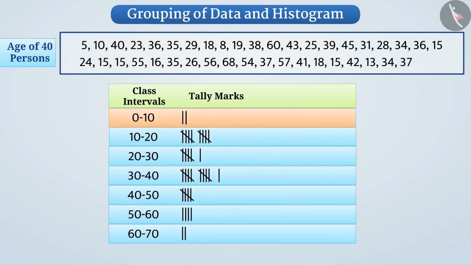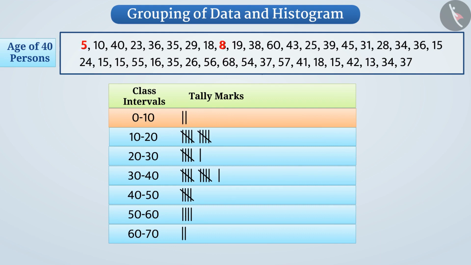Now here, there are two tally marks in the class interval 0 to 10. Can you tell me, what do you understand from this? Think. Let me tell you, these two tally marks denote observations 5 and observation 8.